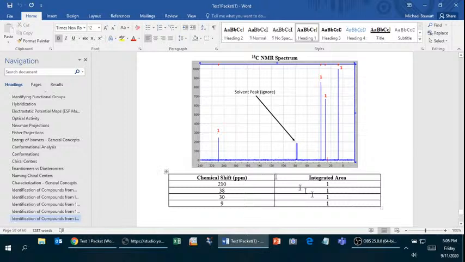But the thing to note here is that we have 4 unique carbons in this compound. So I'm going to write that up on the board behind me. So the NMR tells me I have 4 carbons in a 1-to-1 ratio.